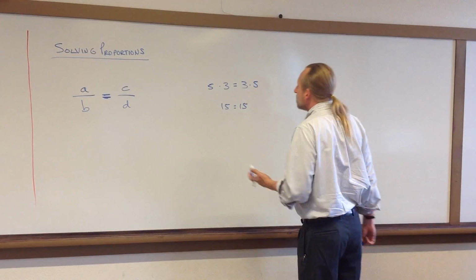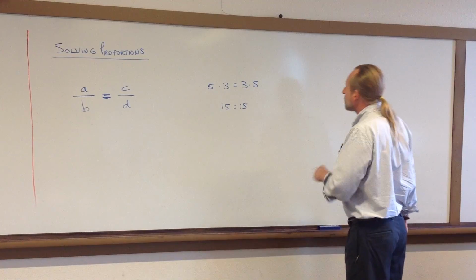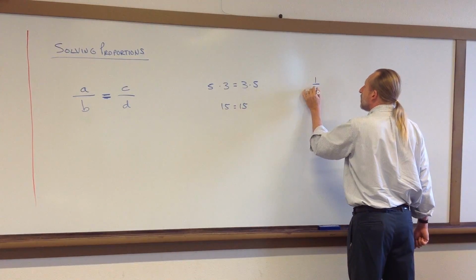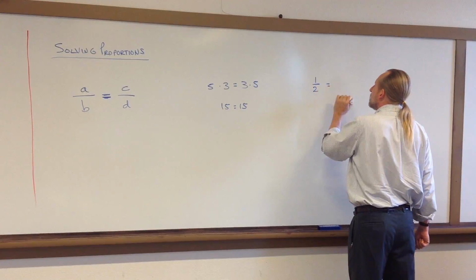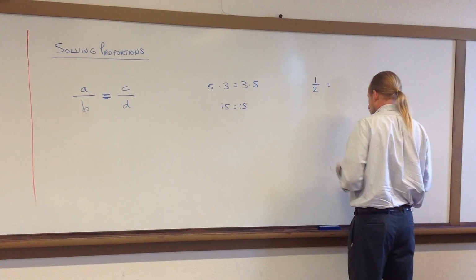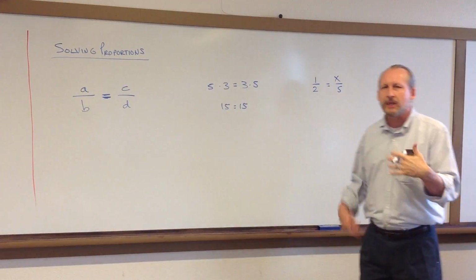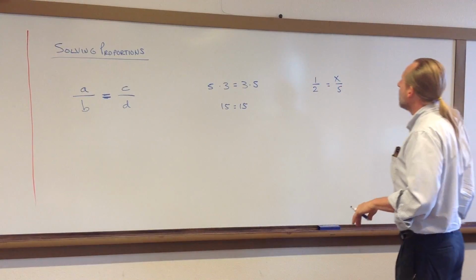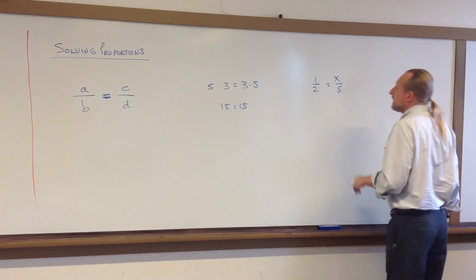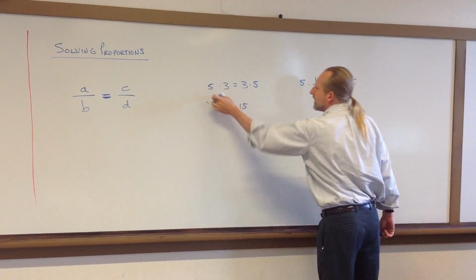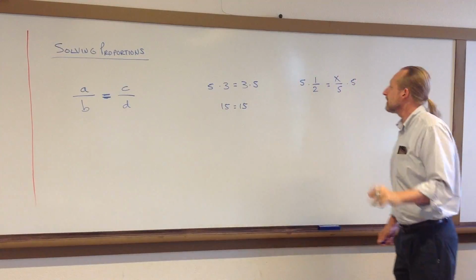Where it gets a little more interesting is where you actually have fractions. Let's say we have 1/2 is equal to x over 5. This is something like what we might see in a proportion statement. We can multiply on both sides by 5, just like we did here, keeping everything in balance.